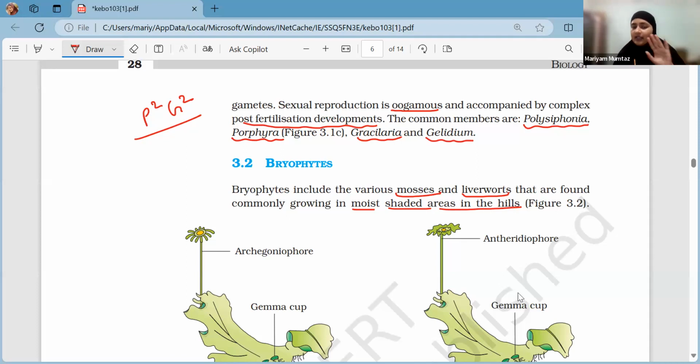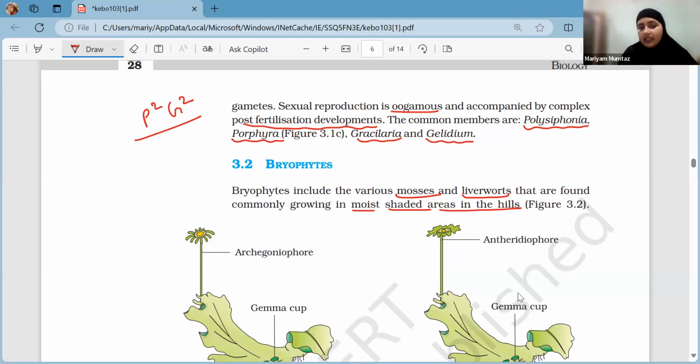In algae, there was no class or member that was very dominantly present on land. All of them were present in water only, either fresh water, brackish water, or marine water. But now, what I said, amphibians of the plant kingdom, maybe they persist on land, but they require water. So slowly, we'll move on to the land habitat.